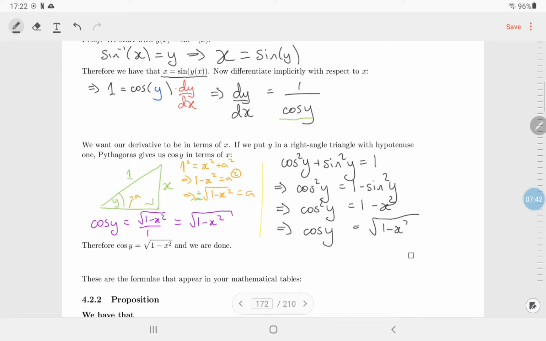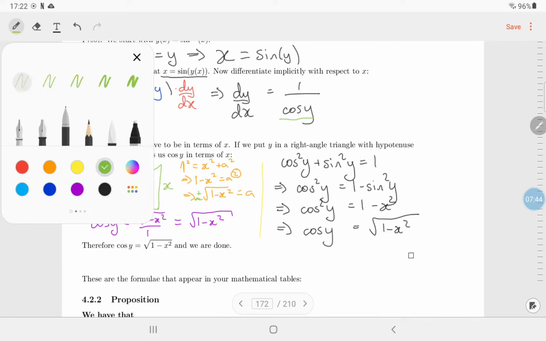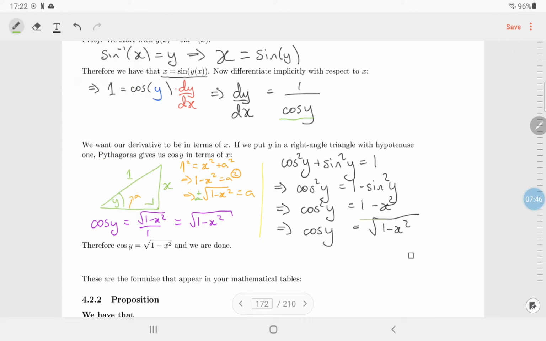Now there's a little bother here because technically it could be plus or minus. Some of the arguments I used about the triangle don't hold because y could actually be an angle that is not between 0 and 90, because you do have cos defined for bigger numbers. I'm not going to worry about that too much.